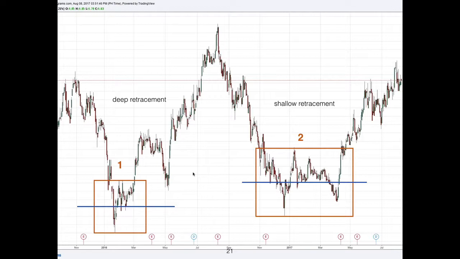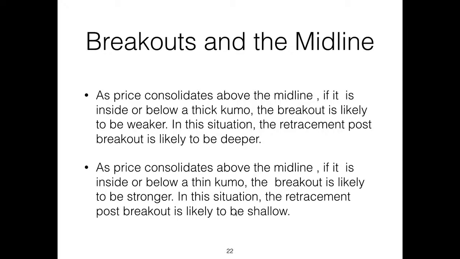So why did 1 behave this way and 2 behave another way? Why was the retracement in 1 deeper than the one in number 2? On breakouts in the midline, as price consolidates above the midline, if it is inside or below a thick kumo, the breakout is likely to be weaker.